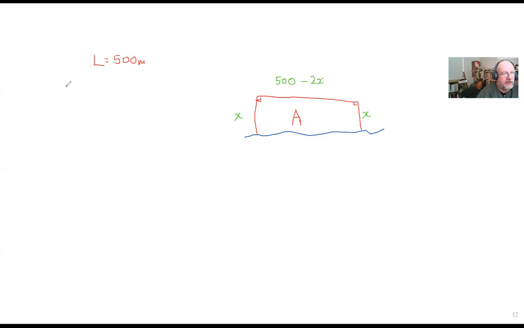So now we know that the area is going to equal this dimension, x, times 500 minus 2x.